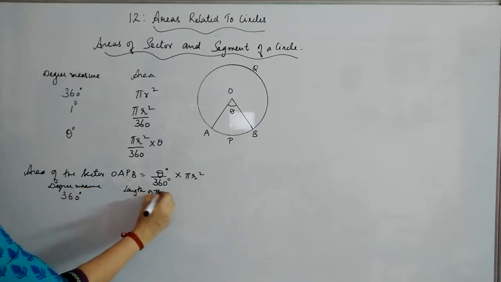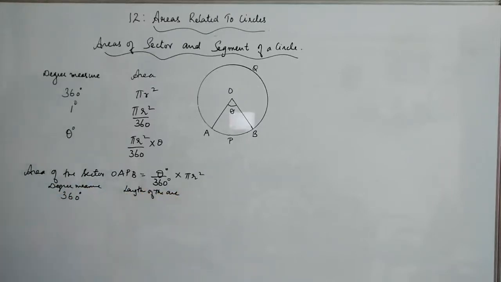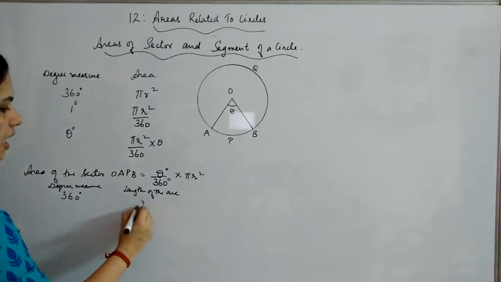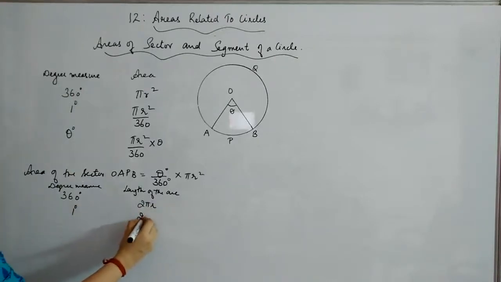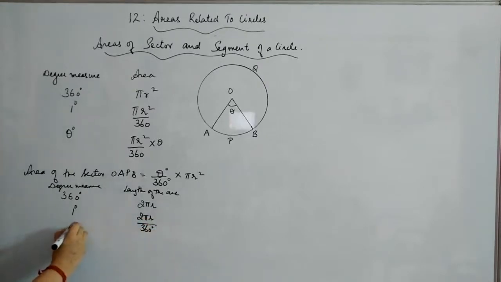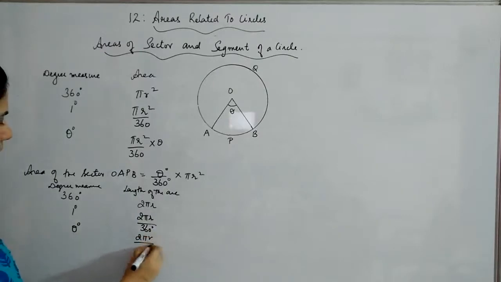When we consider the arc, 360 degrees means the whole circle. So the arc is the same as the circumference of the circle, that is 2 pi r. Now for 1 degree, it will be 2 pi r by 360 degrees. And for theta degrees, you will have 2 pi r by 360 degrees into theta.